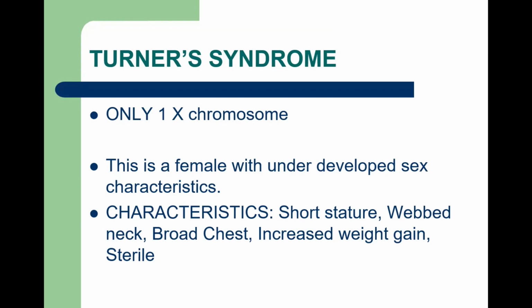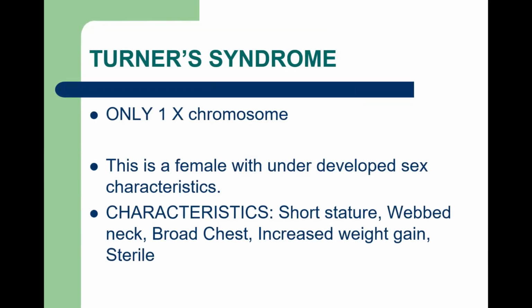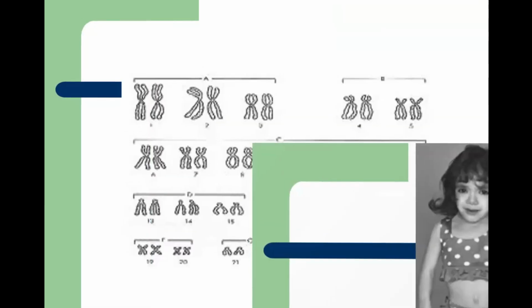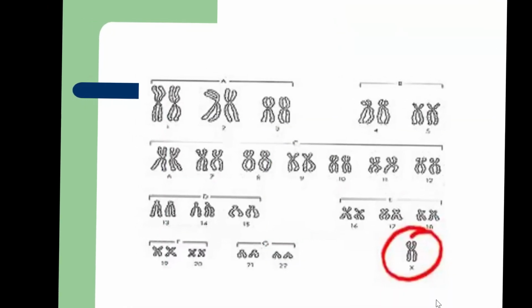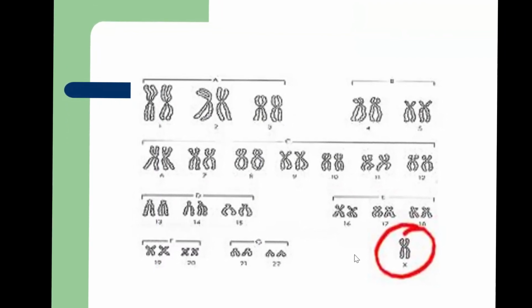The symptoms include short stature, webbed neck, broad chest, increased weight gain, and of course sterility. So this is the case of Turner syndrome. They have only one X chromosome. You see, this is how it looks using karyotyping.